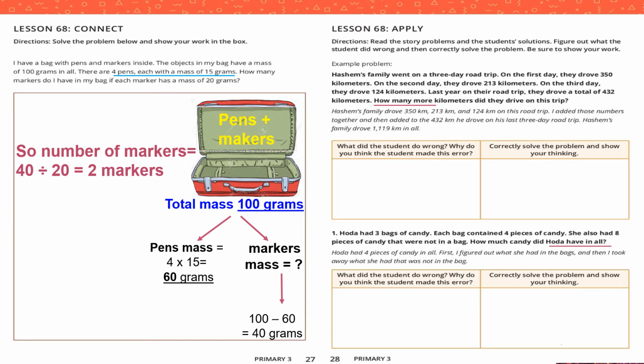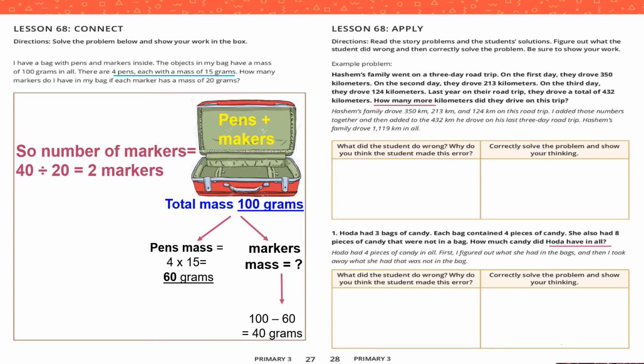But I want to know the difference between the total of this trip and the total of the last trip. So should I add or subtract?